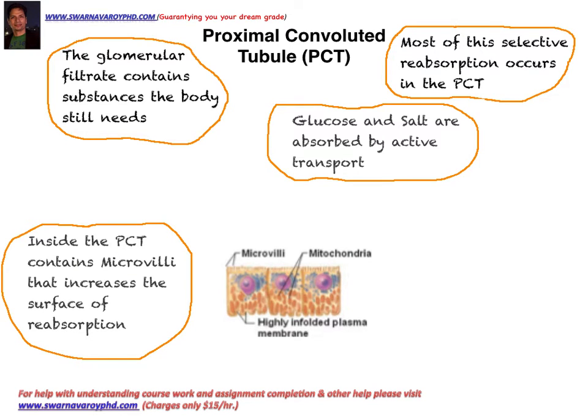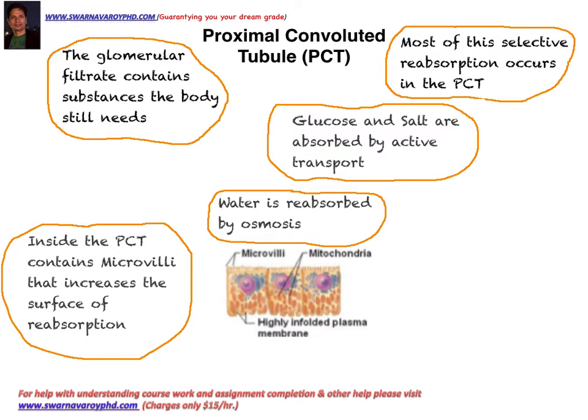Now, glucose and salt are absorbed by active transport. Active means it requires energy in the form of ATP. And then we have water that is reabsorbed by osmosis. Osmosis doesn't require ATP, it doesn't require energy.